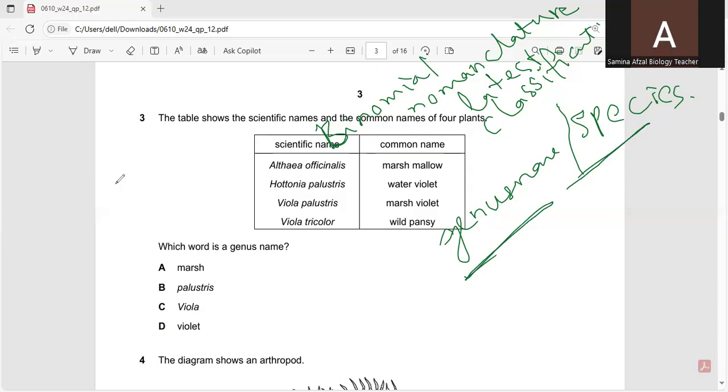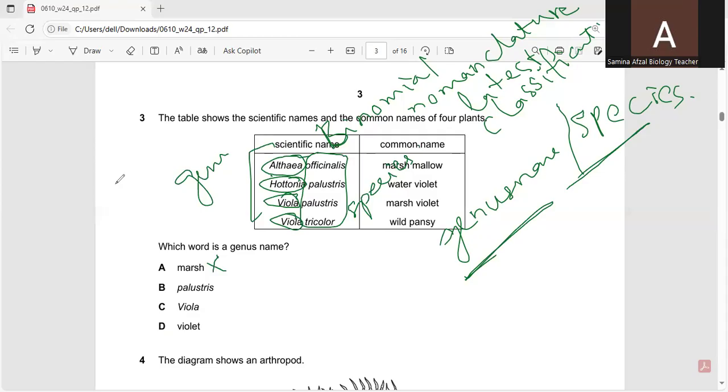So in this case, Althaea officinalis and Viola palustris, these first names are the genus names and these are the species names. So according to this, the first option, marsh, is a common name, so not correct.